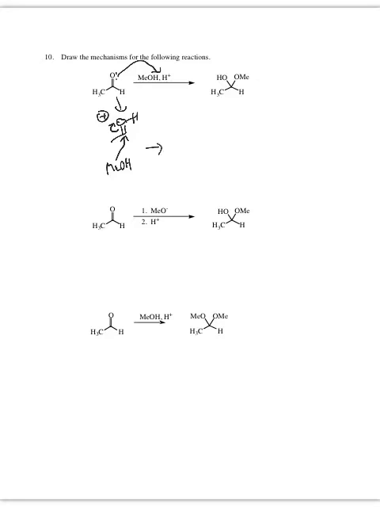So we protonate it, and then that gets us to the protonated hemiacetal, which we talked about in the last lecture, and then methanol removes the extra hydrogen off of it to give us the hemiacetal.